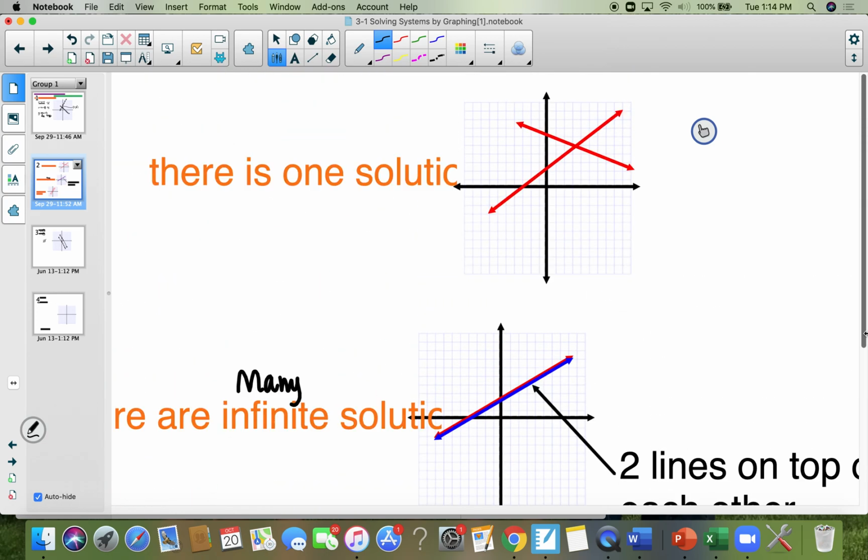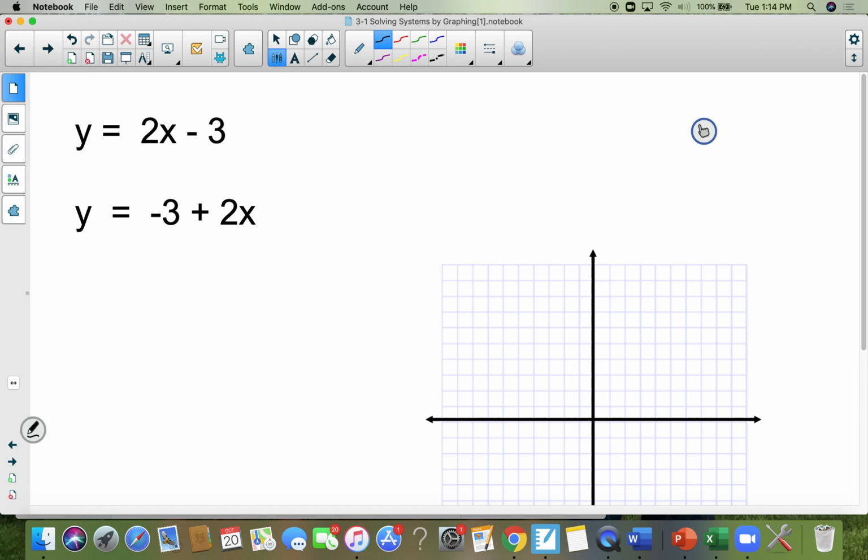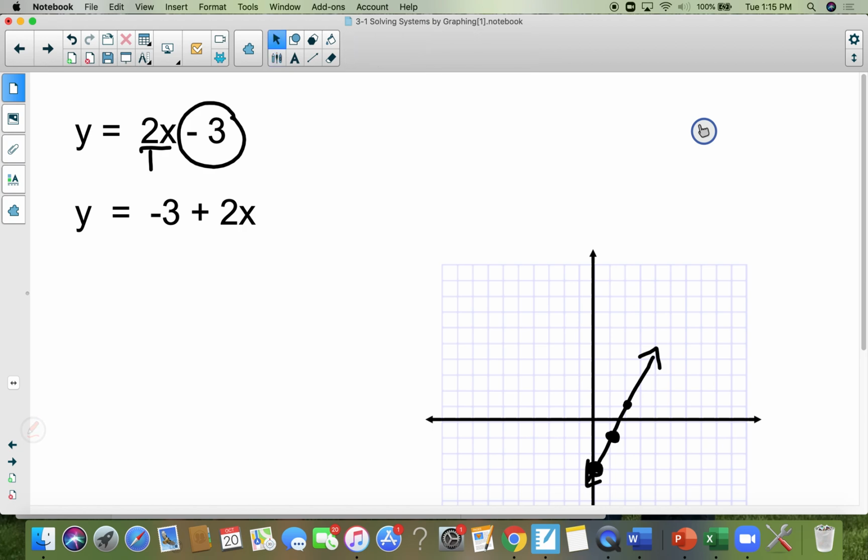And now the last one is many solutions. I put my first dot on the y-axis at a -3, which is right there. And my slope is 2 over 1, up 2 over 1, up 2 over 1, and so on. So I'll wait for you guys to finish it.